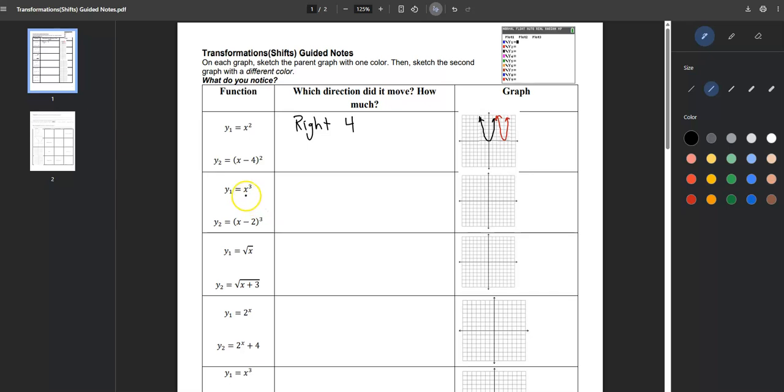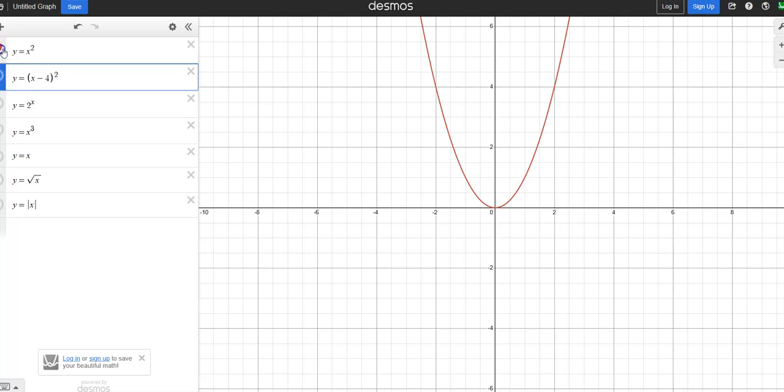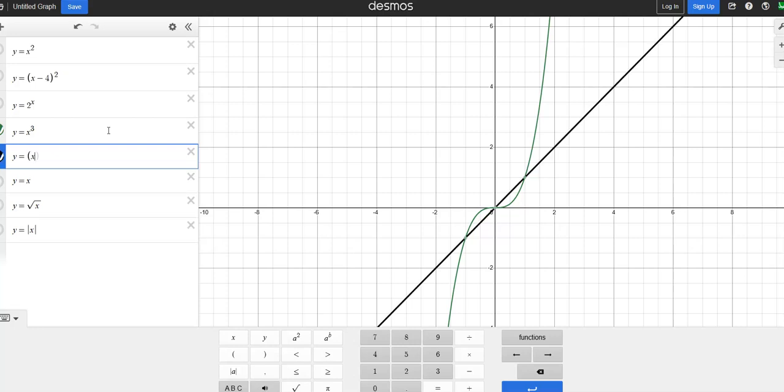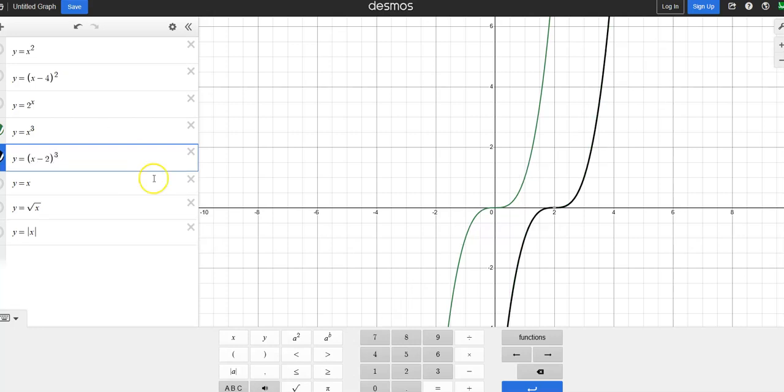Okay, looking at this next one, I've got x to the third, and I've got x minus 2 to the third. So we're going to hide these. I've got x to the third. Remember, x to the third is this green one here, and I want y equals x minus 2 to the third. If you look at this one, same shape.